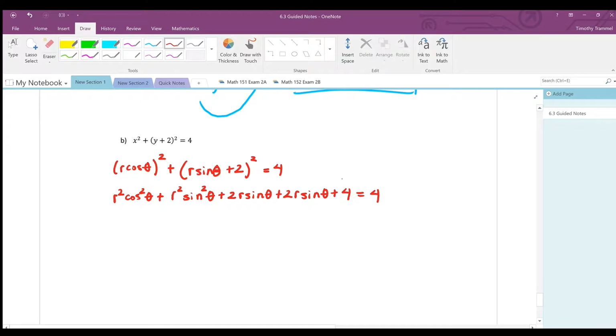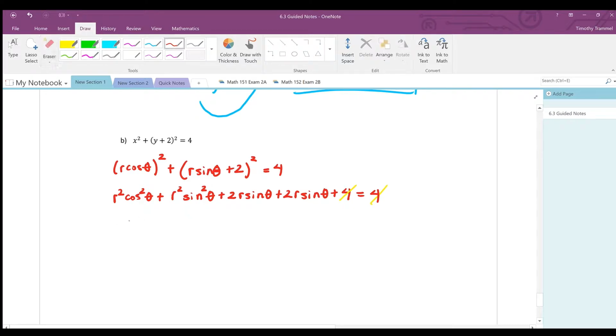You might already see, if we subtract 4 on each side, we are going to lose these 4's. And you might see something else, particularly with these first two terms. One has a cosine squared, the other one has a sine squared, and they both share an r squared.